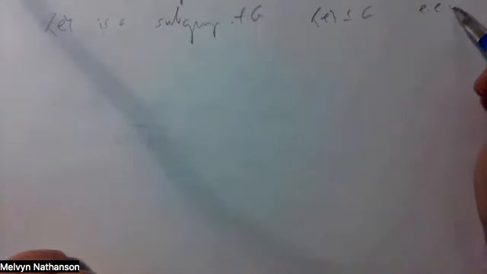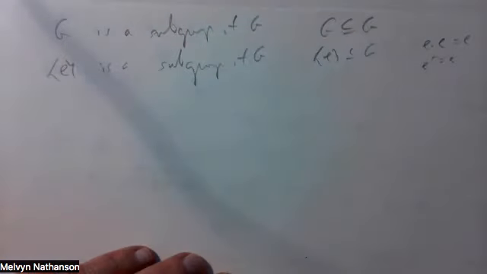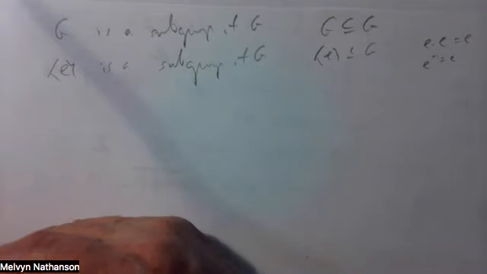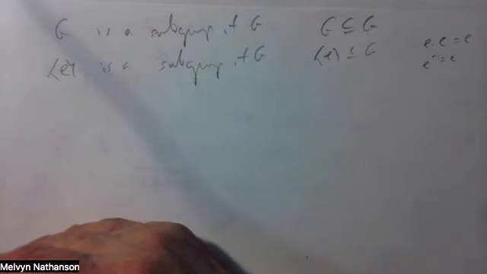Because E times E is E, and E inverse is E. So the set consisting of just the number 0 is an additive abelian group. It's trivial. Or under multiplication, the set consisting just of the number 1 is a multiplicative abelian group. So that's the notion of a subgroup.